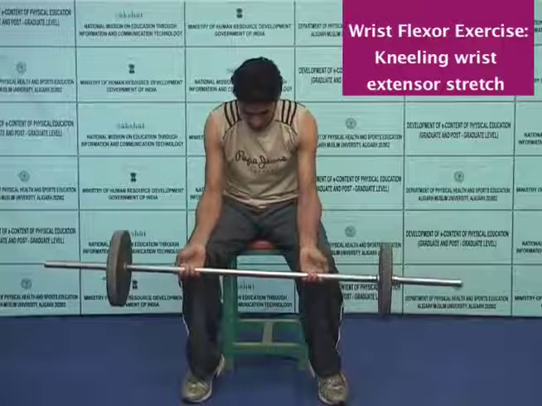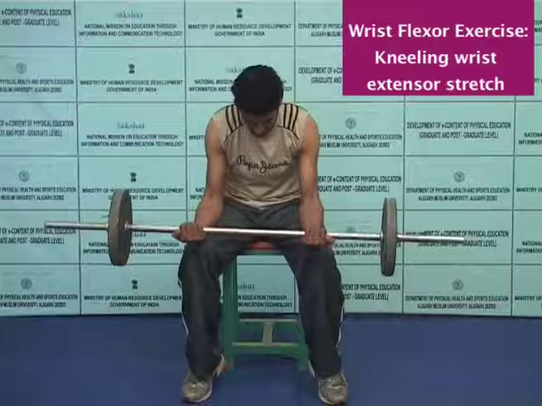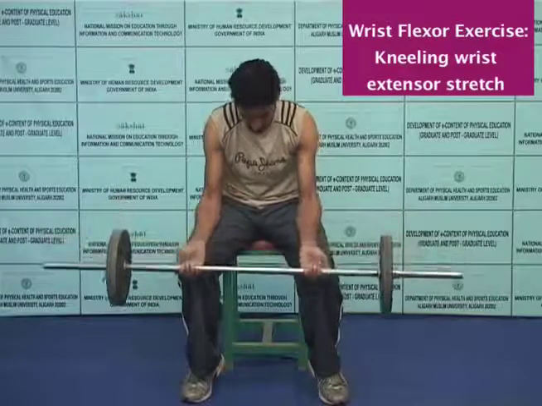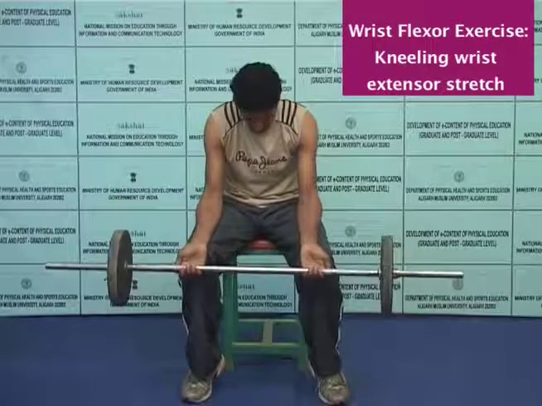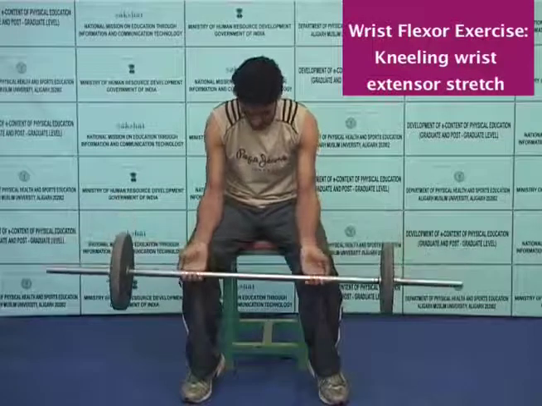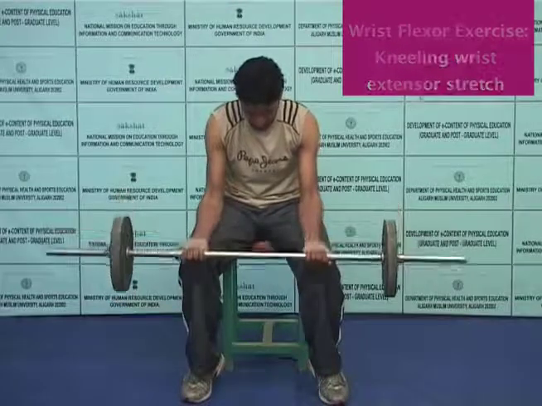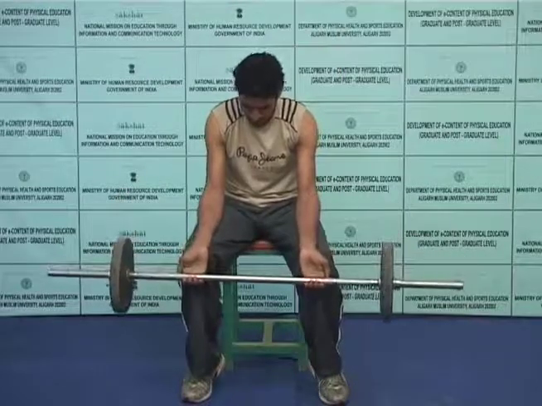When you return to the starting position, allow the barbell to roll all the way down to your fingertips and then repeat. Hold the strengthening for some time, then relax. Here the target muscle is the wrist flexor muscle.